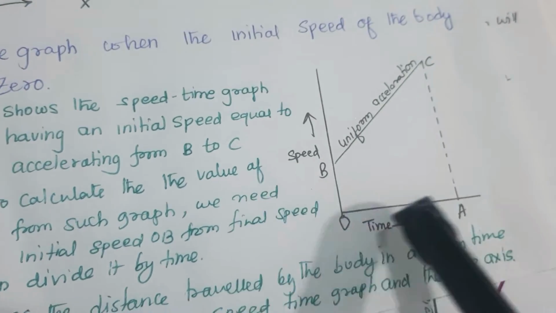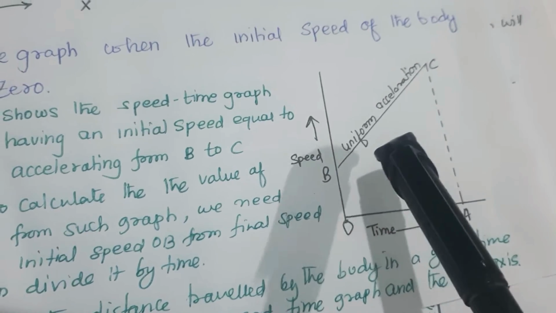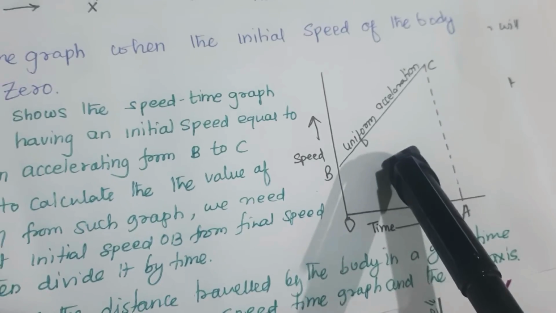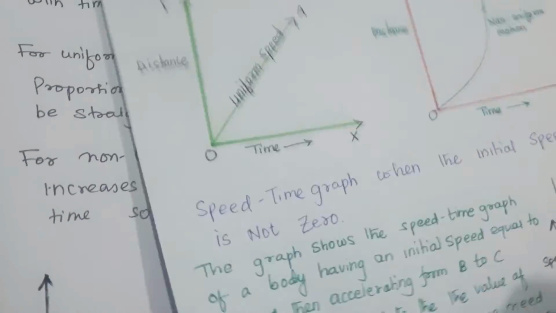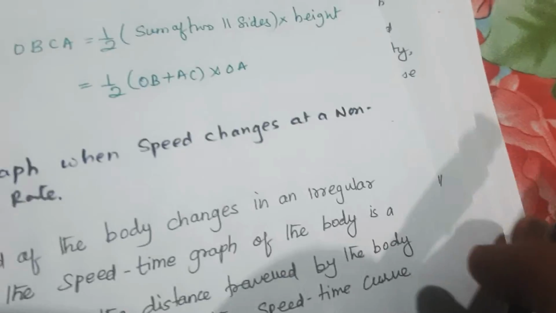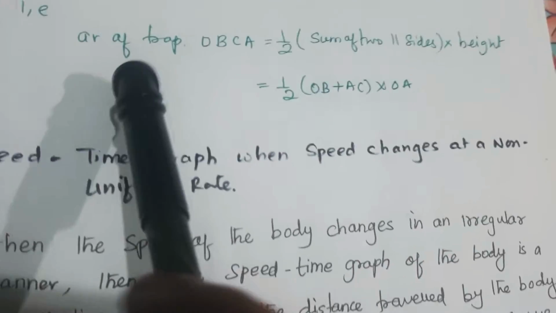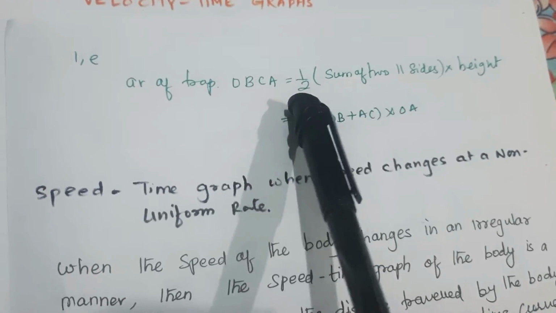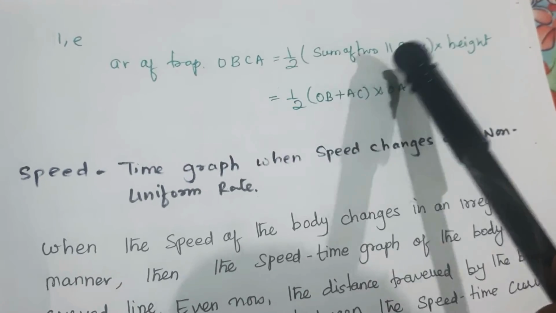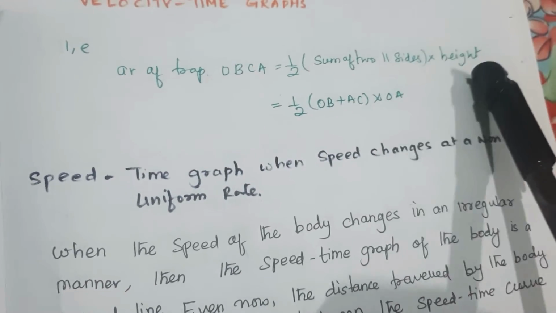So to find the value here, we need to find the area of this part. This is actually a trapezium, so we are going to calculate the area of a trapezium. That is, area of trapezium OBCA equals half the sum of the two parallel sides times the height.